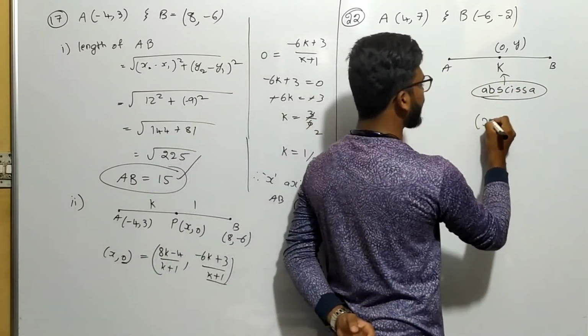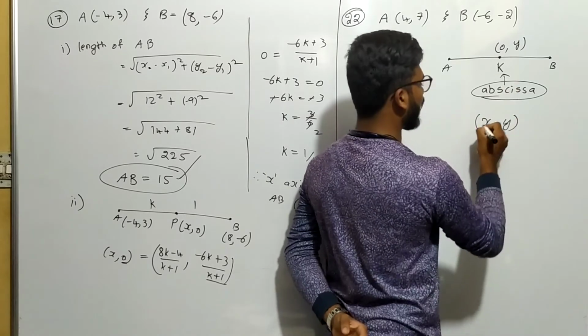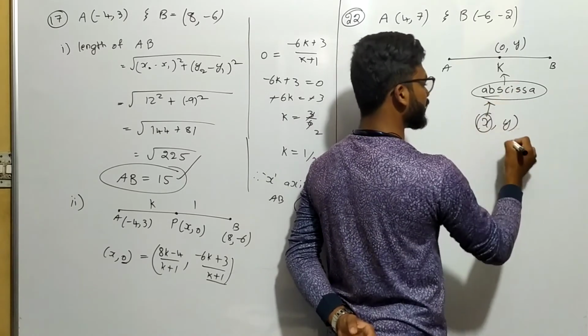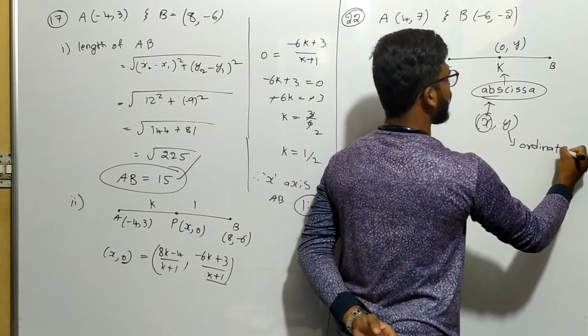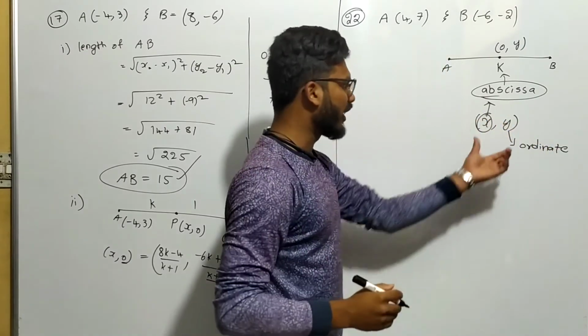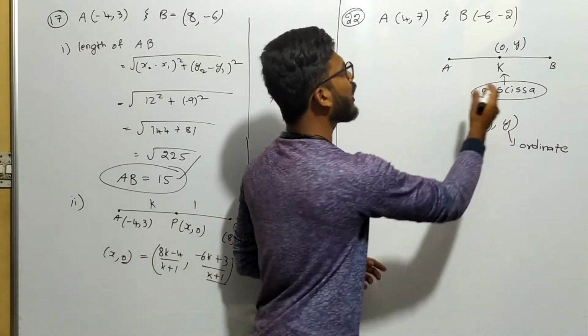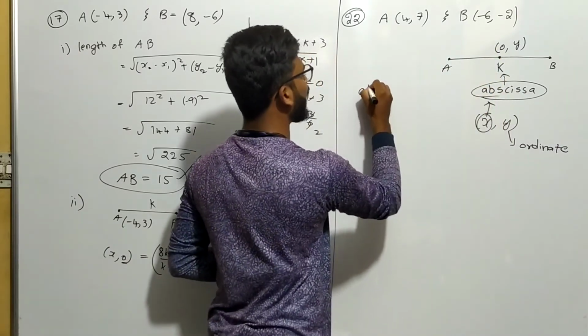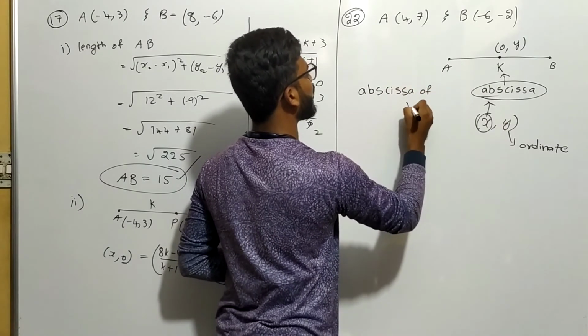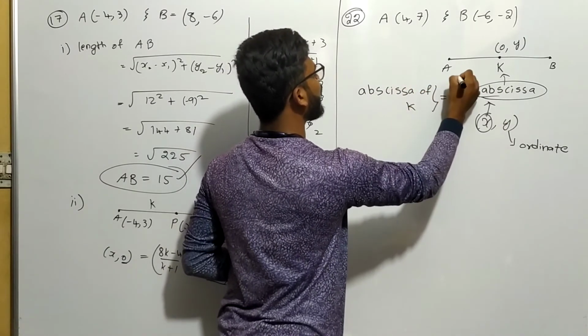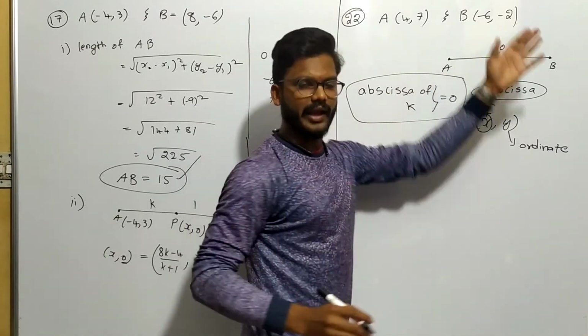When you have a point x comma y, the x coordinate is called abscissa and the y coordinate is called ordinate. The x coordinate of a point is the abscissa. So abscissa of K equal to what? Abscissa of K equal to 0. Why? It is a point on the y-axis.